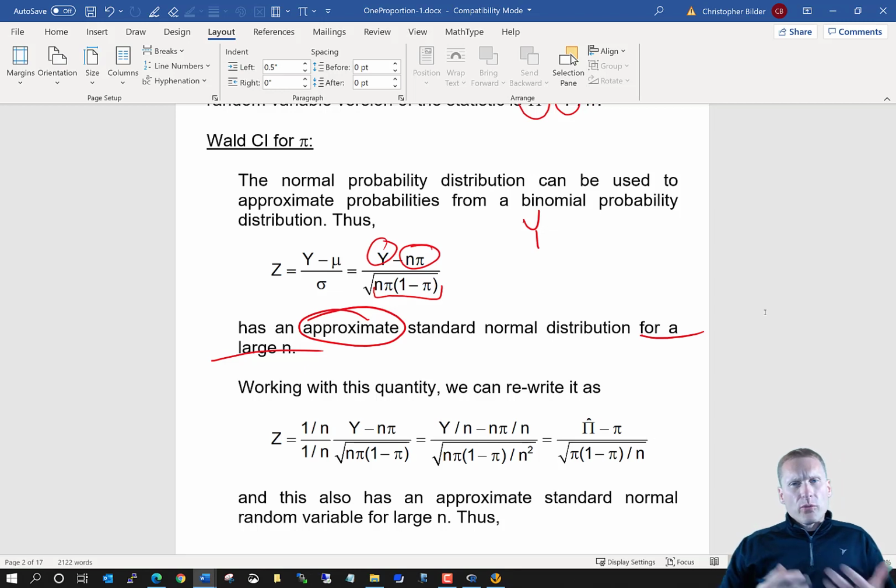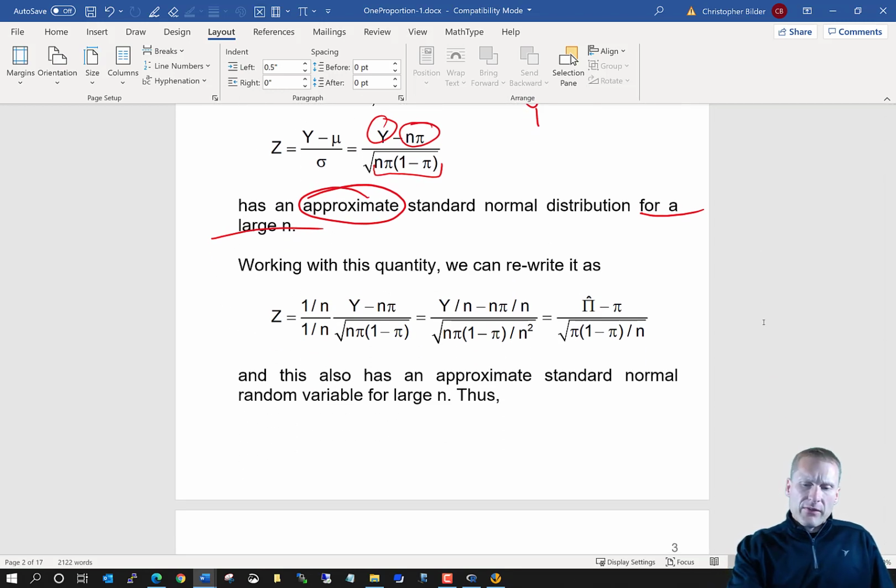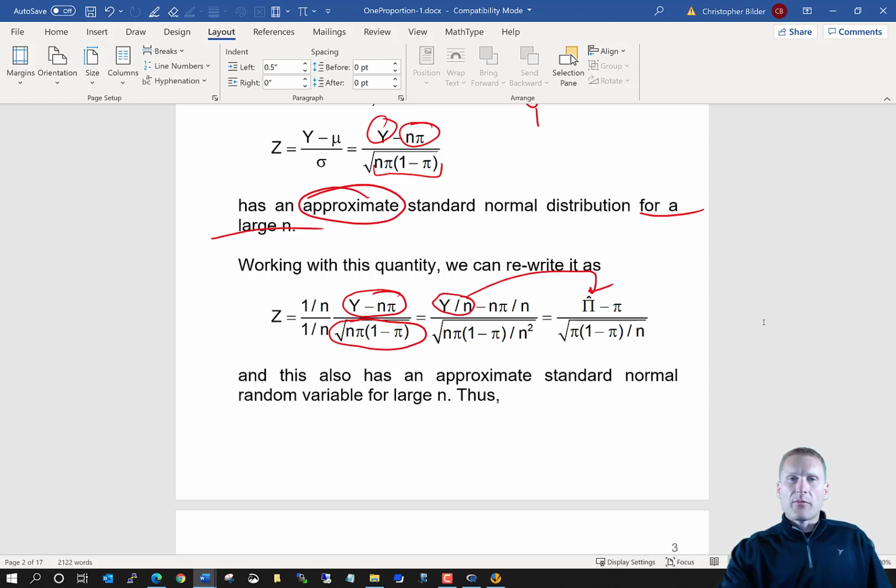So let's do some algebra with this quantity. Let's divide both the numerator and the denominator by n. When we bring that 1 over n in, now we have y divided by n. Well, that is our pi hat. We have n times pi divided by n.